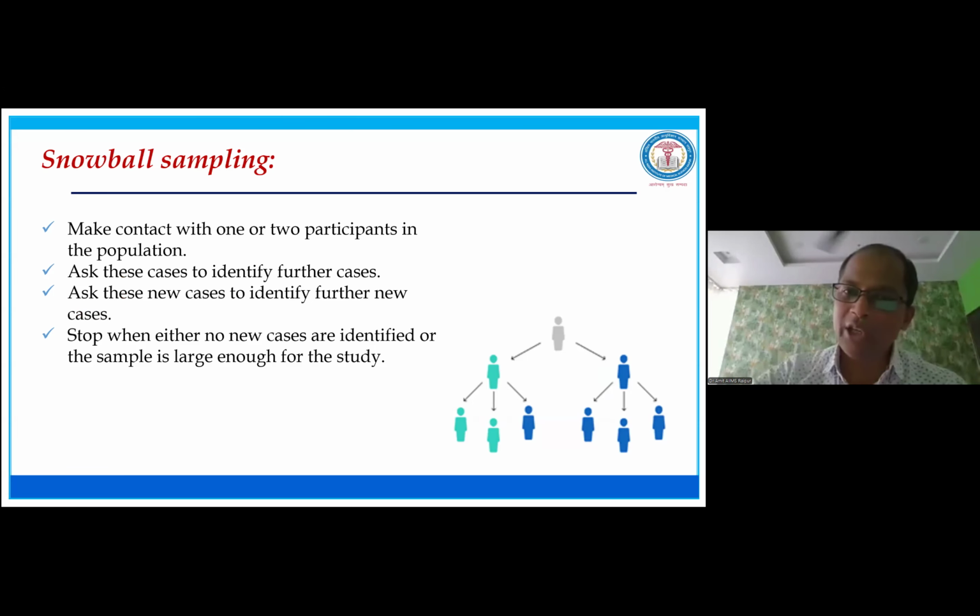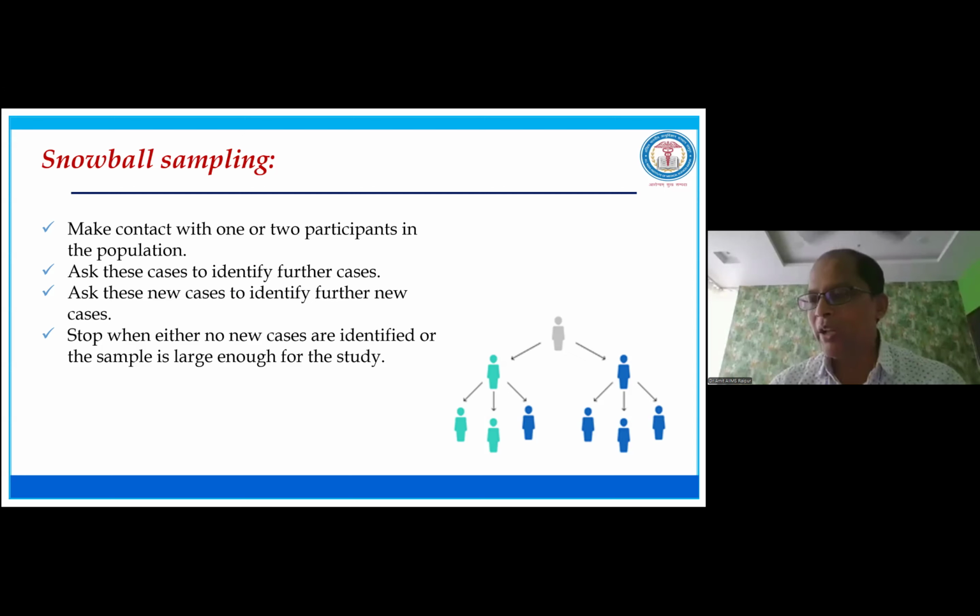In this scenario, we can ask the study participants to search for and bring related participants to be included in the study. It is simply like a propagative epidemic in epidemiology. The one participant we select has the contact details of many more sexually transmitted disease patients, and they will bring them. It will continue till we achieve our sample size. That is known as snowball sampling.